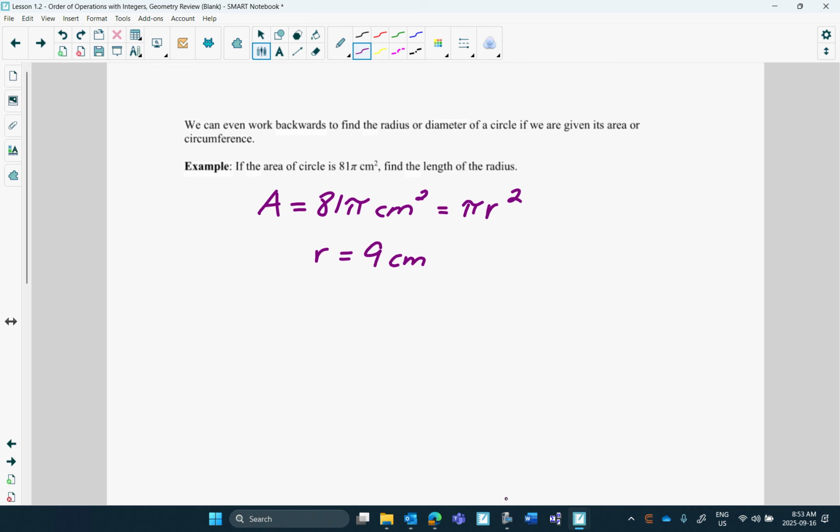If it works, do it. But you don't have to actually use 3.14 if you don't want to. Okay? So if you see something like this, you know the pi's are the same, so that means that r squared must be 81, and then you find r from there. Okay? Okay, good.